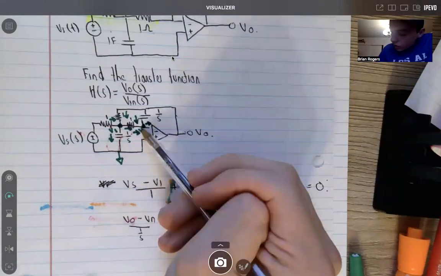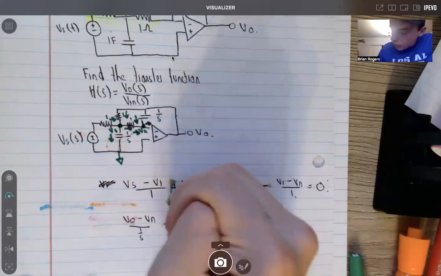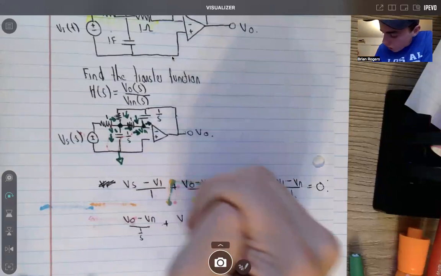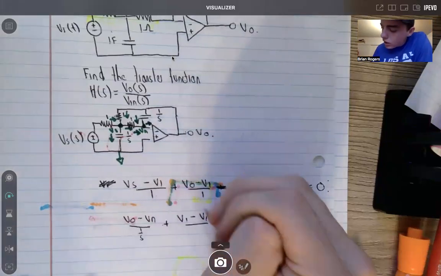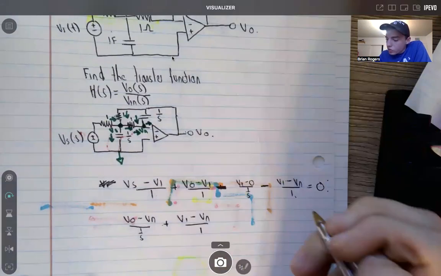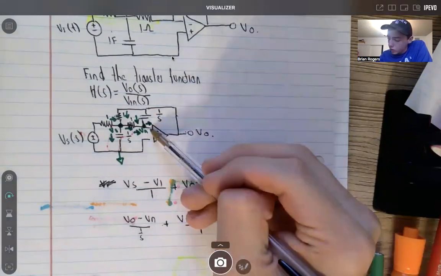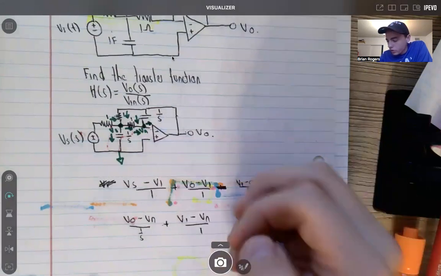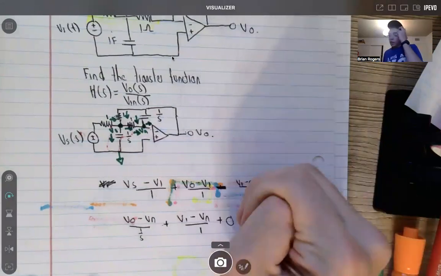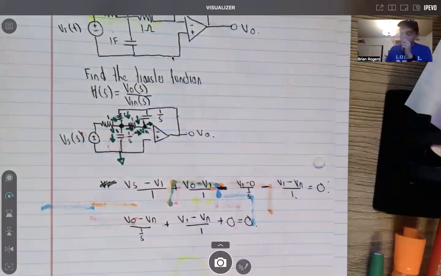So plus, where does that arrow start at? It starts at V1 minus V of N all over what's in between, 1. And then our next one, remember, this current's almost 0. So plus 0 is equal to 0. And so now we've defined all the currents in particular.